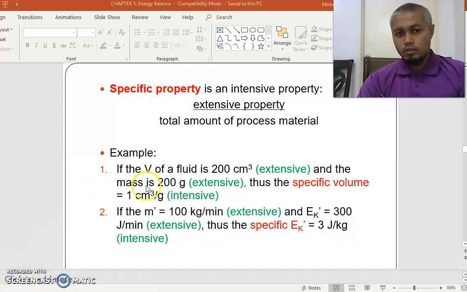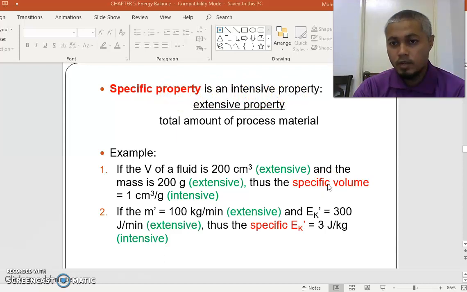In other words, mass in the first case and mass flow rate in the second case are the total amount of processed material. So if we divide anything by the total amount of processed material, such as mass and mass flow rate, we get a specific property, which is an intensive property.